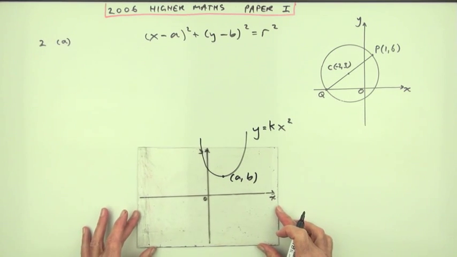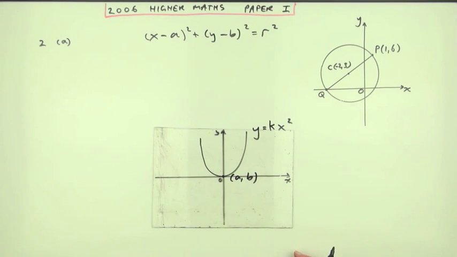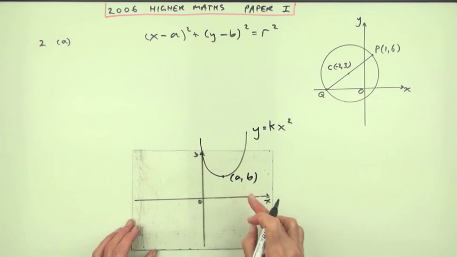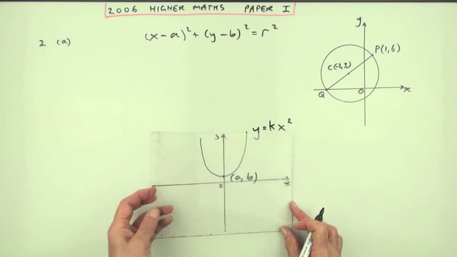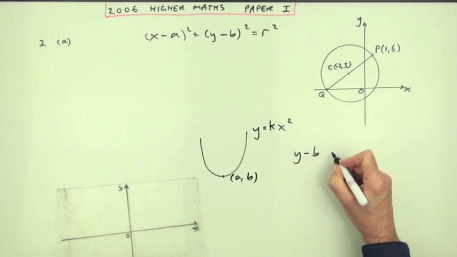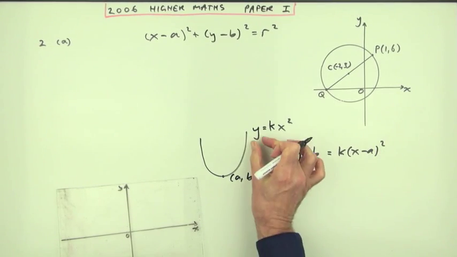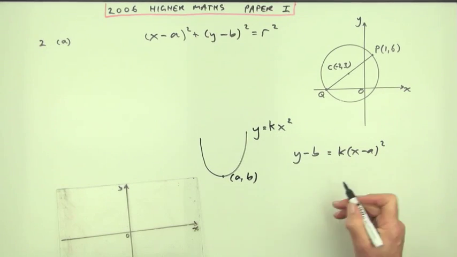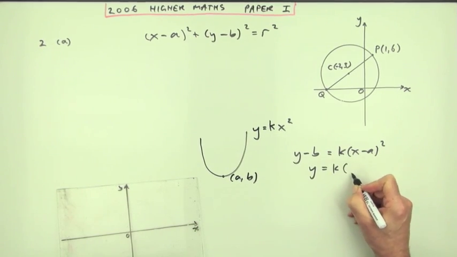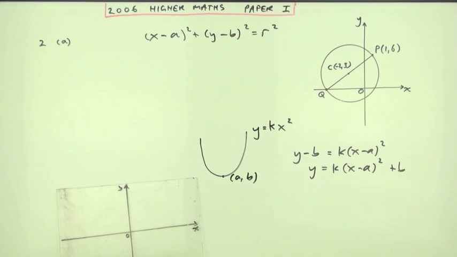Move it along a, move it up b, and there it is through the origin again. Except in order to move it along, you've had to take a off the x coordinate and b off the y coordinate. So once again, you've got y minus b is k times (x minus a) squared. The y, you've subtracted b, and for the x, you've subtracted a. But you probably know that better in the form of y equals some multiple of (x minus a) squared plus b. And then you remember, oh yes, that's the turning point.